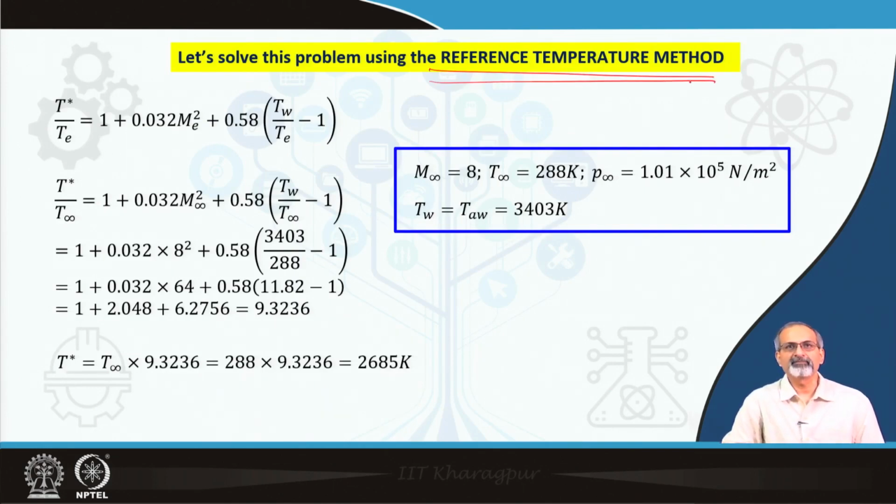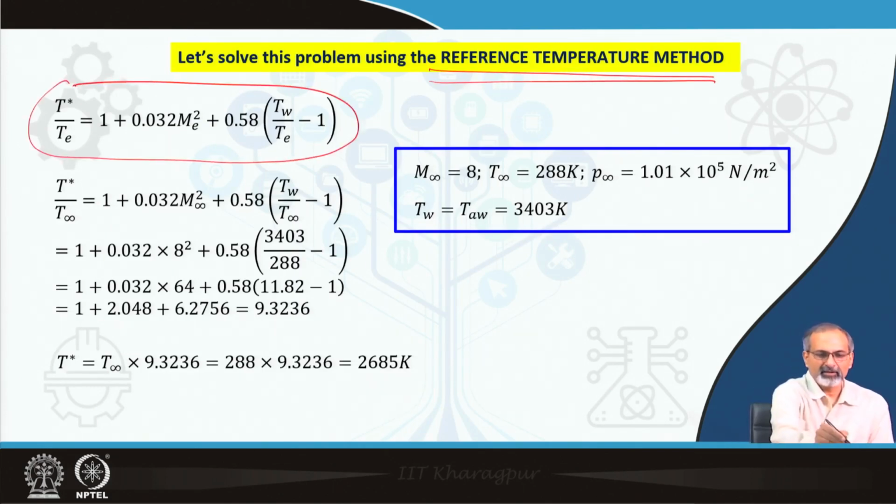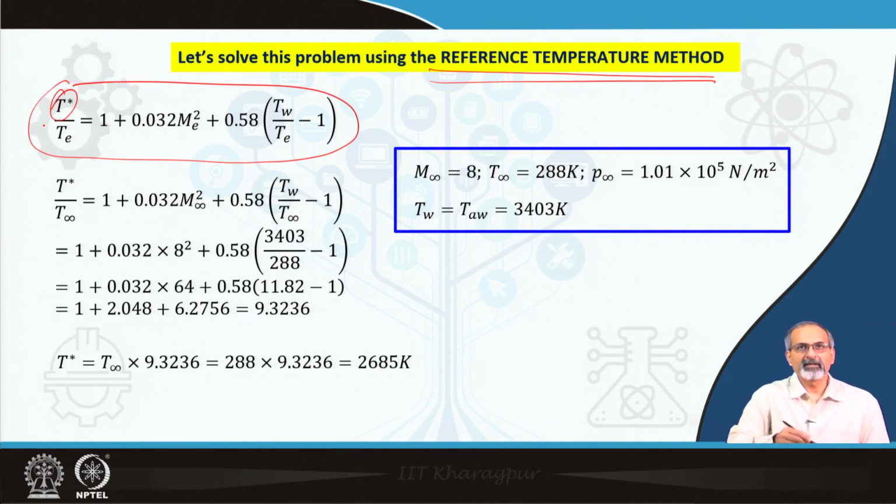reference temperature method. In the reference temperature method, we bring about a definition of a reference temperature, which we indicate by T star, as a function of all these parameters: T e, which is essentially T infinity, M e or M infinity, similarly again T infinity here, and this is of course wall temperature.